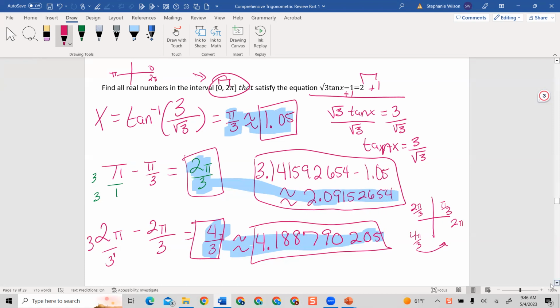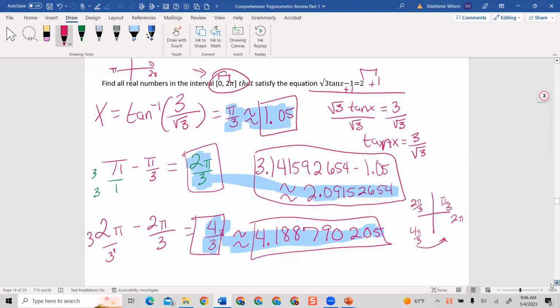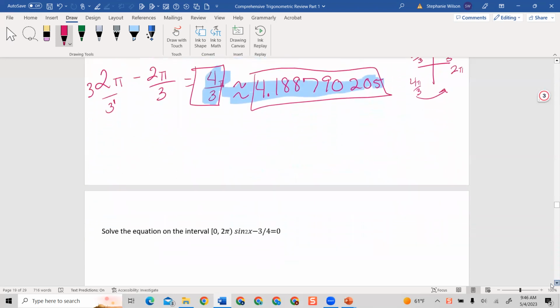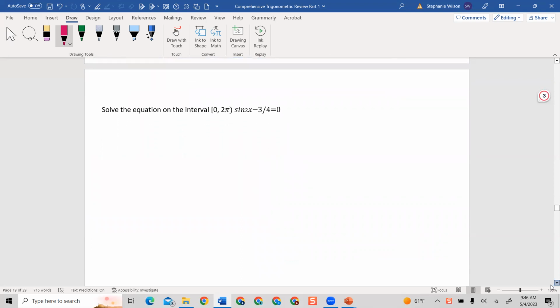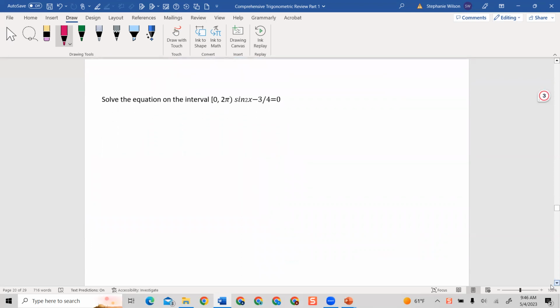Okay, so let's look at our next example. Okay, so this one here says, solve the equation on the interval of 0 to 2 pi, which it could equal 0, but it's going to approach 2 pi.